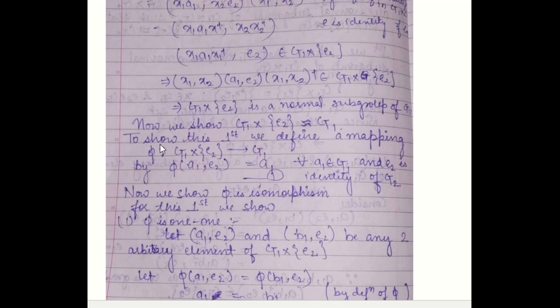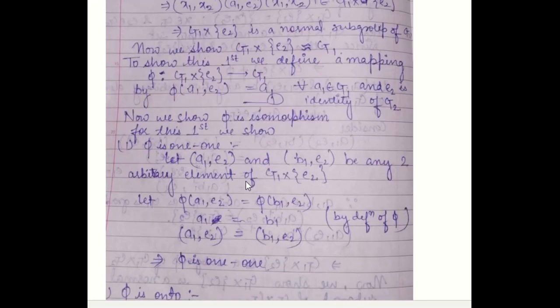So let phi be a mapping from G1 cross E2 to G1. Since the elements of G1 cross E2 are of the type A1 comma E2, under this mapping phi of A1 comma E2 we get A1, where A1 is an element of G1 and E2 is the identity of G2. Now we have to show that this phi is an isomorphism.